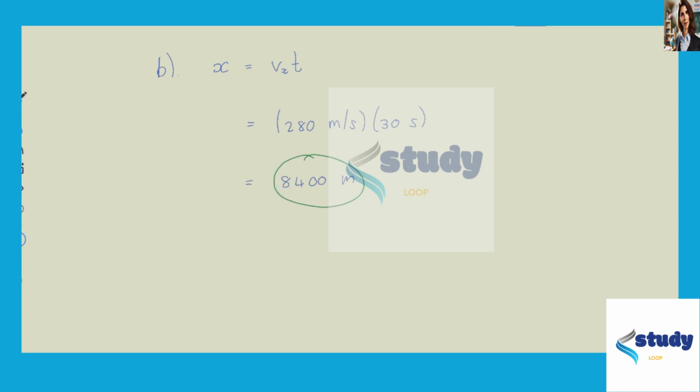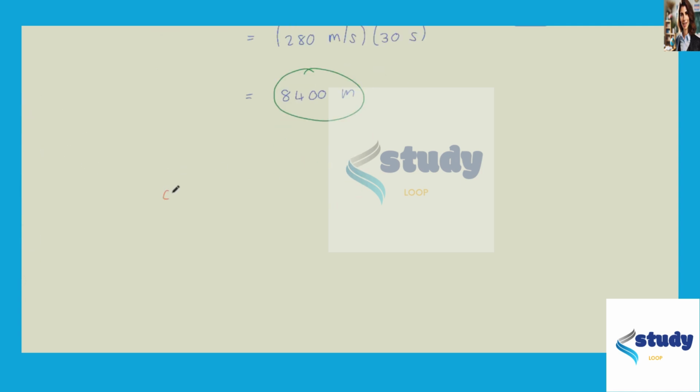And now lastly, we want to know where the engine would be relative to the plane after the 30 seconds when it hits the ground, assuming that the plane continues to fly as if nothing has happened. Well, remember that the x component of the velocity of the plane is equal to the x component of the velocity of the engine.